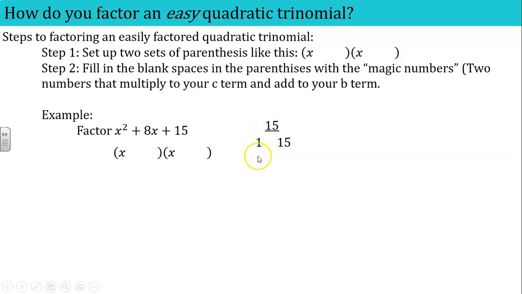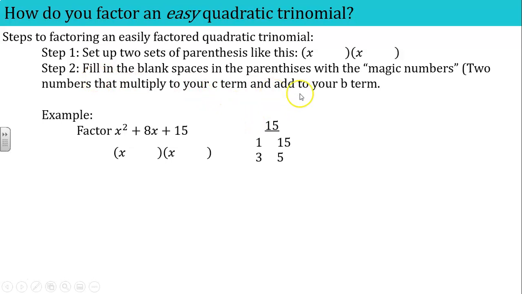And then if I were to go up to 2, I would realize that 15 isn't divisible by 2. So then I go up to 3, and I get 3 and 5. If I were to go up to 4, I would realize that 15 wasn't divisible by 4. And then finally, I'd start looping back around. If I got back to 5, I would just write 5 and 3 again. So this is a complete list of number pairs that multiply to 15.